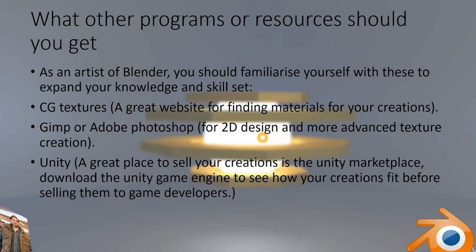All the textures from CG Textures are free with the free account, and all you need to do is create an account with them and you get, I think it's 15 downloads per day, which is fantastic. So I definitely recommend going to CG Textures and checking that out.